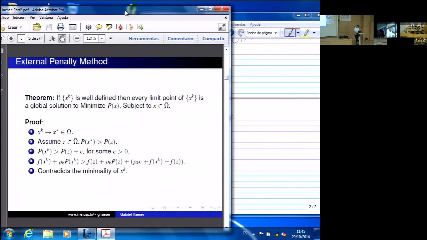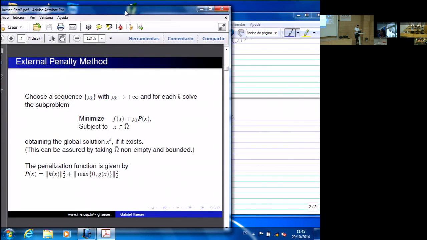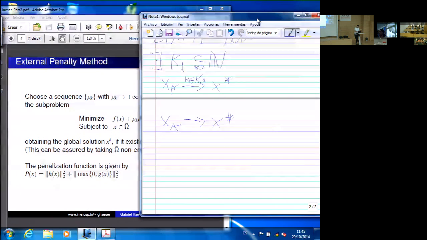Okay, so you have a sequence xk converges to x star. So xk is chosen as the solution of this problem. Okay, so we are assuming that this solution exists. So in particular, xk must belong to this set omega bar. And of course, this implies that x star is also in omega bar, because we are assuming that this is a closed set.